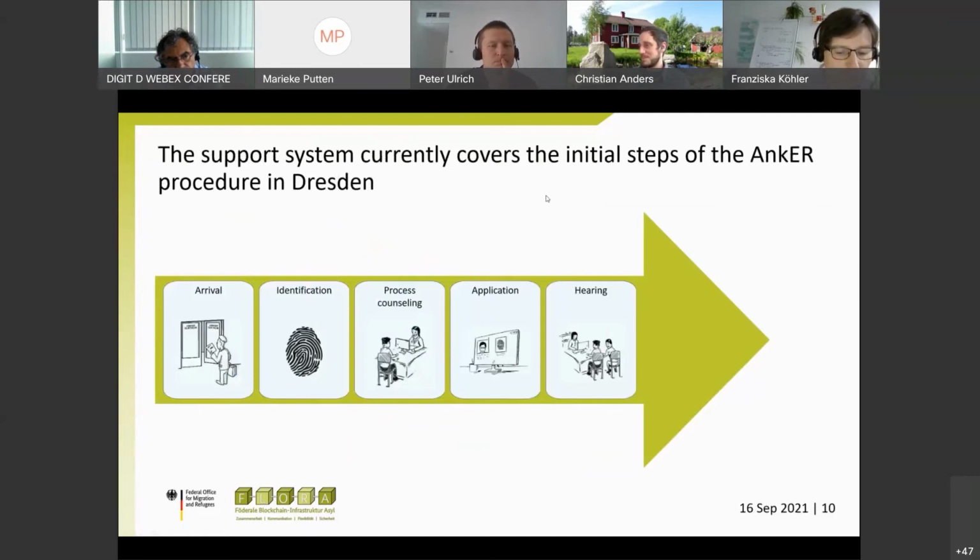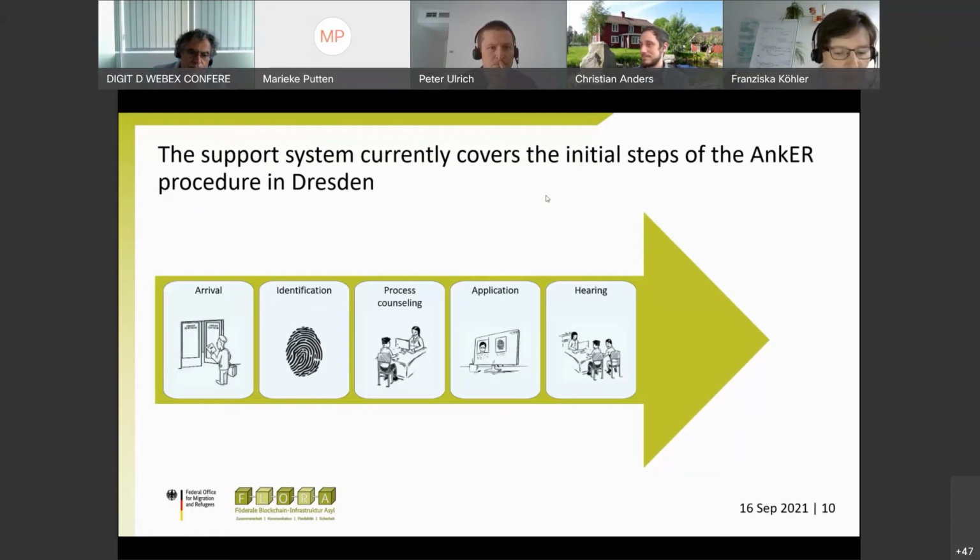To explain, the phrase Anke facility stands for the joint facility of the implementation of asylum procedure. The diagram on this slide shows the basic steps of the procedure. The first step covers arrival in Germany and asking for asylum.